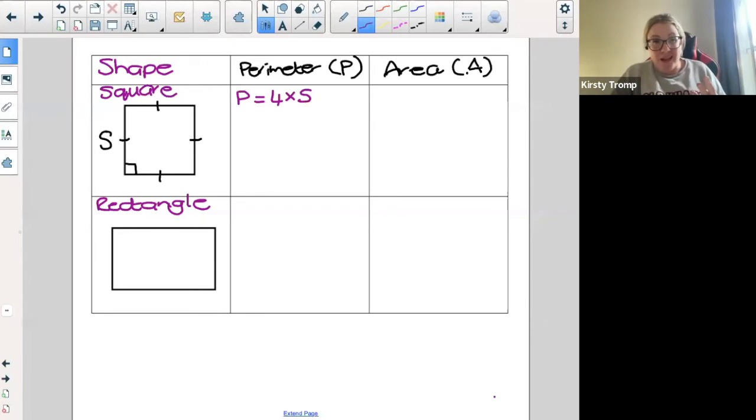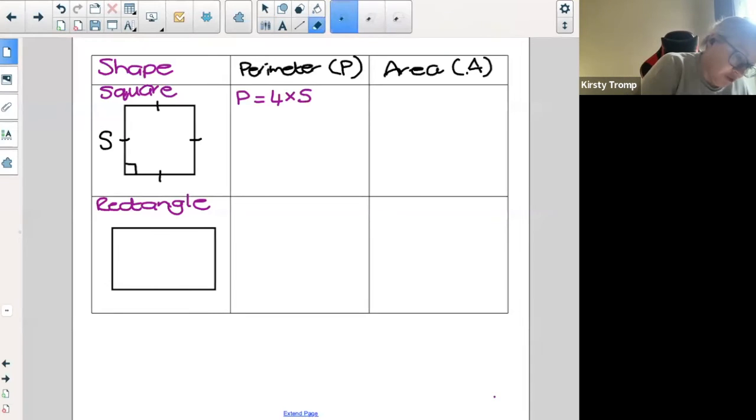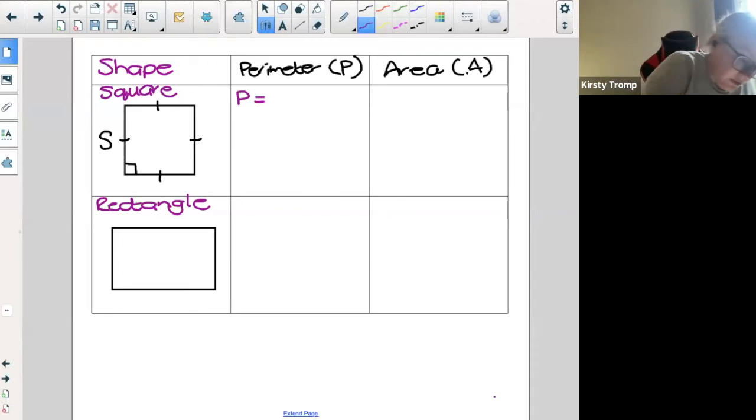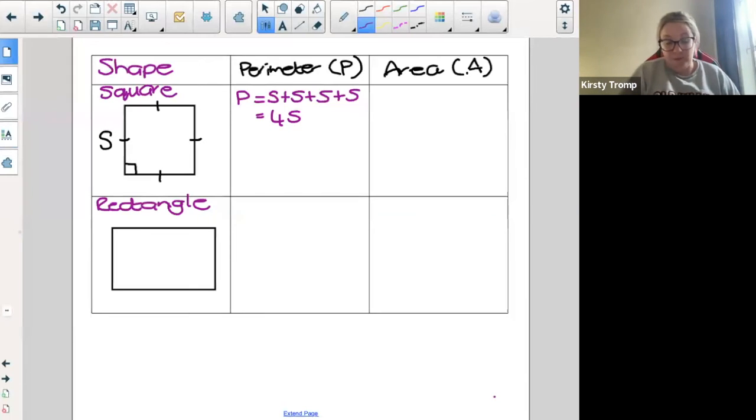Or, if we were trying to stick to Peter the Ant and we don't want to confuse ourselves in the test or exam, side plus side plus side plus side, which is the same thing as saying 4 sides. Okay, same thing.